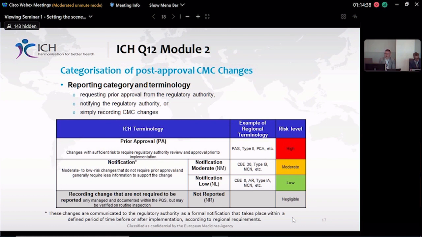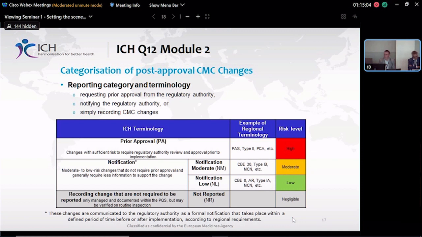So if we look at this table here, we can see the three-tiered system of high, moderate and low risk changes. So in the EU, we call them variations, and we use the terminology type 2 for a prior approval variation, type 1B for a moderate notification, and type 1A for a low risk notification.